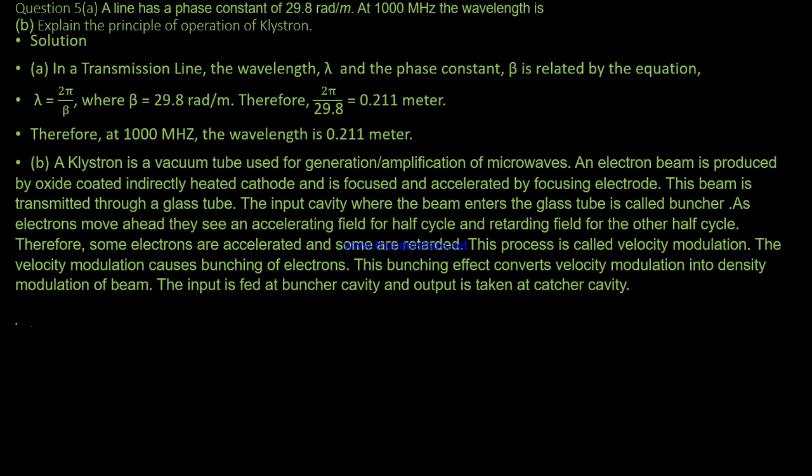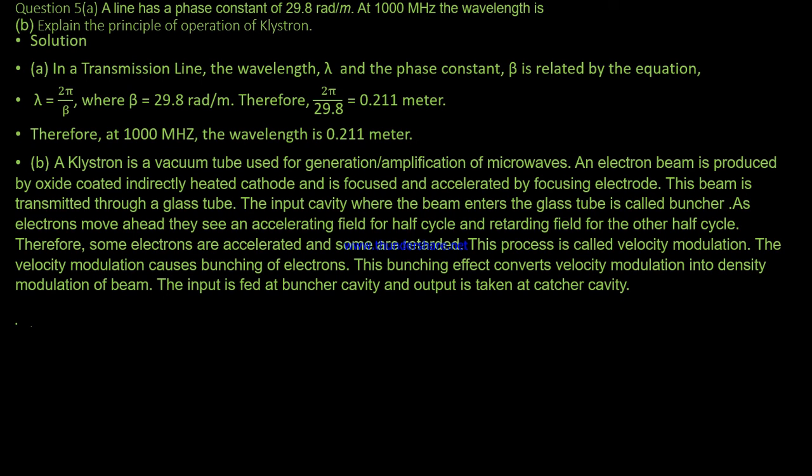Okay, question 5 now. The A part says a line has a phase constant of 29.8 rad per meter at 1000 megahertz. The wavelength is what? Now the B part says explain the principle of operation of klystron.